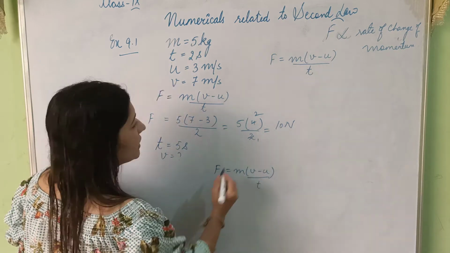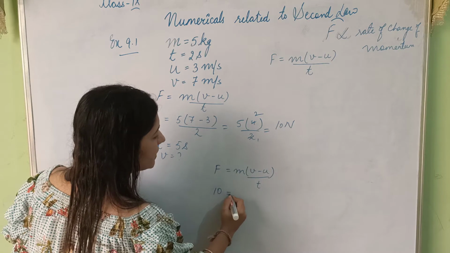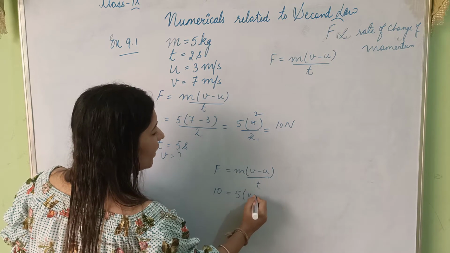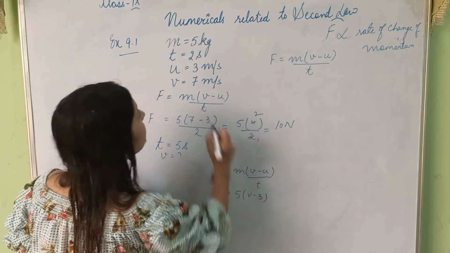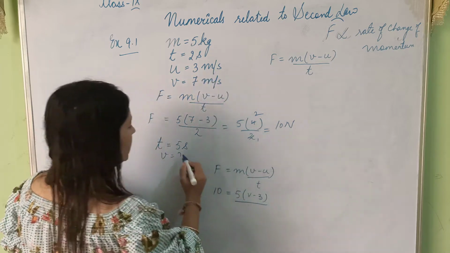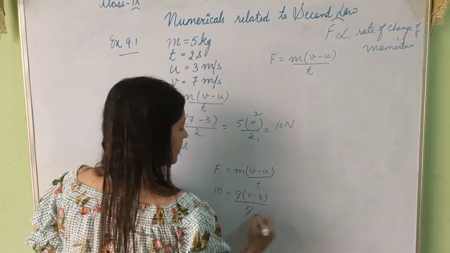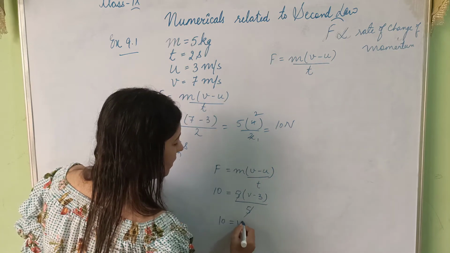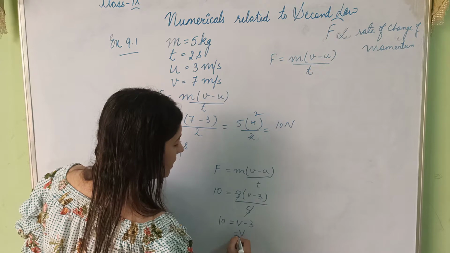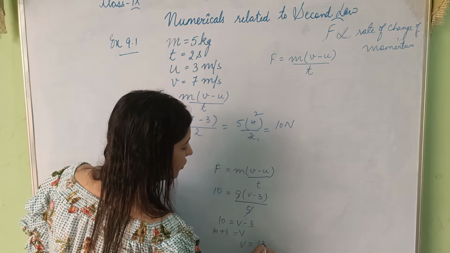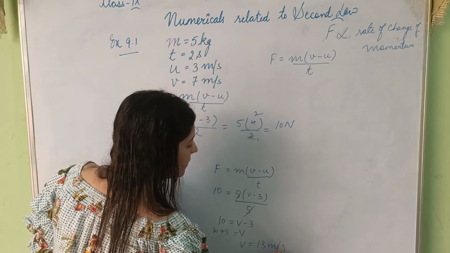We have found out F is 10, mass is 5, v minus u, v you need to find, u is 3 meters per second, by time t, which is 5 seconds. Cancelling this out, 10 is equal to v minus 3, or v is equal to 10 plus 3, so final velocity is equal to 13 meters per second.